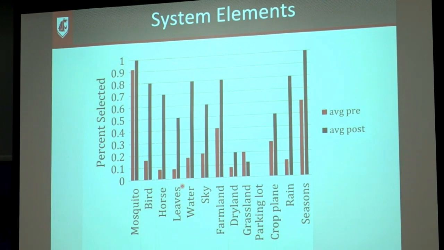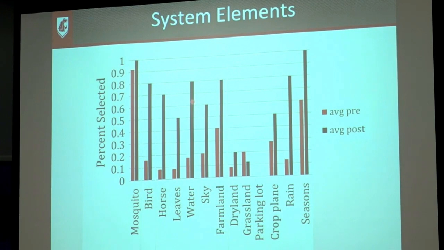After our curricula, shown with the black lines, we see this rapid rise in the number of other categories of images that were selected. All of a sudden, students are picking birds and horses and leaves and water as critical things with mosquitoes and West Nile virus. Previously, they didn't think those were even relevant.